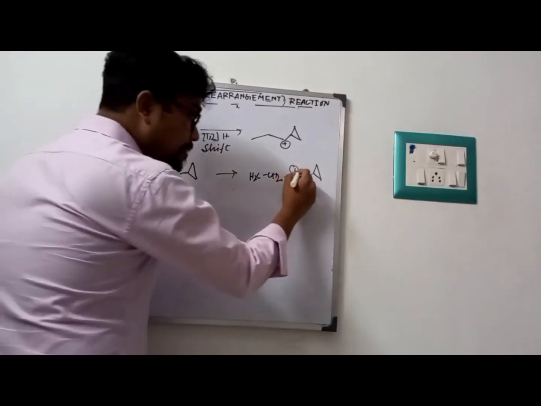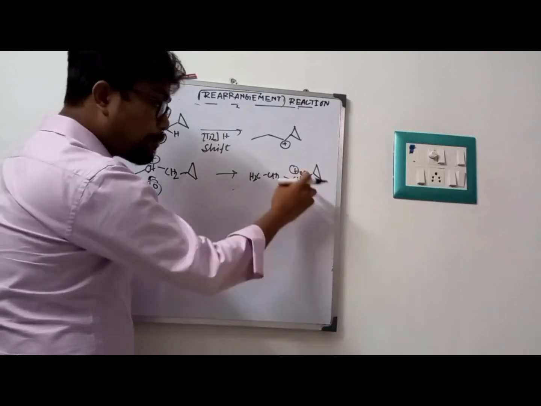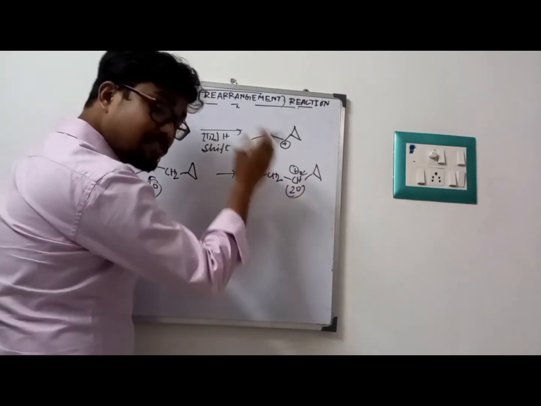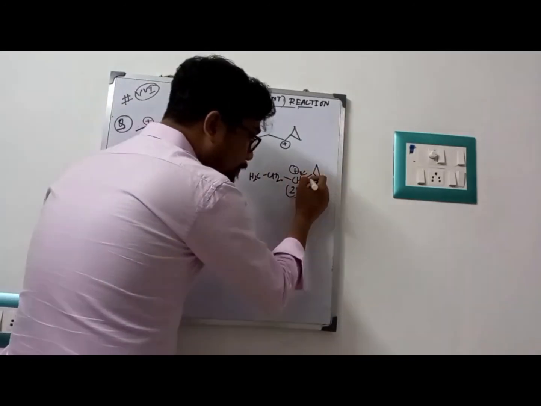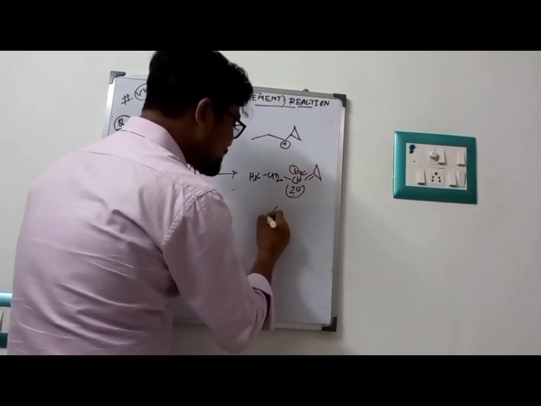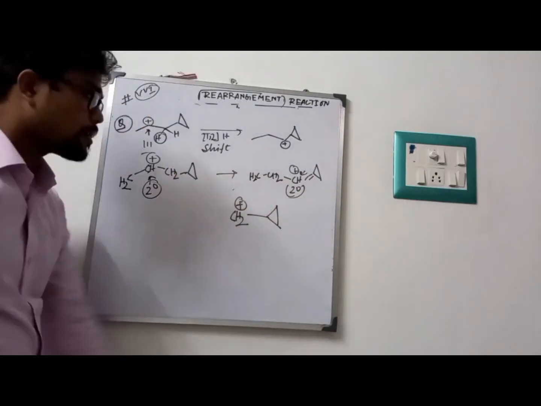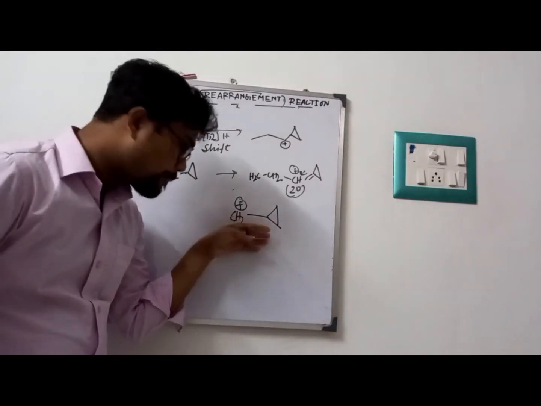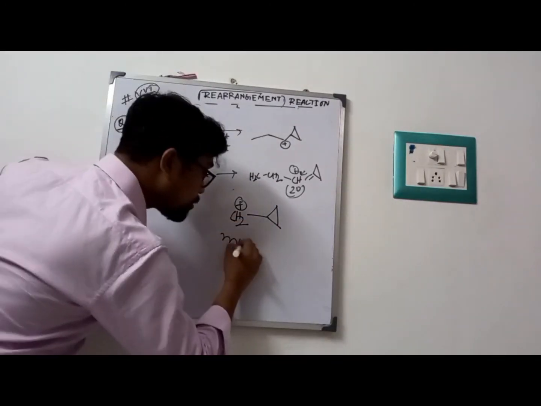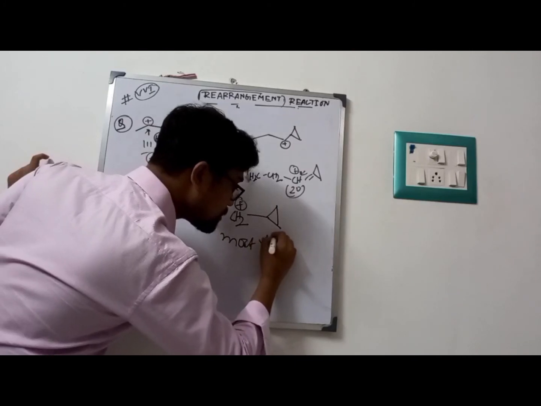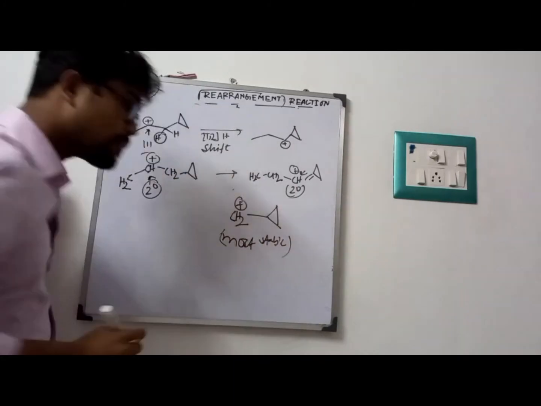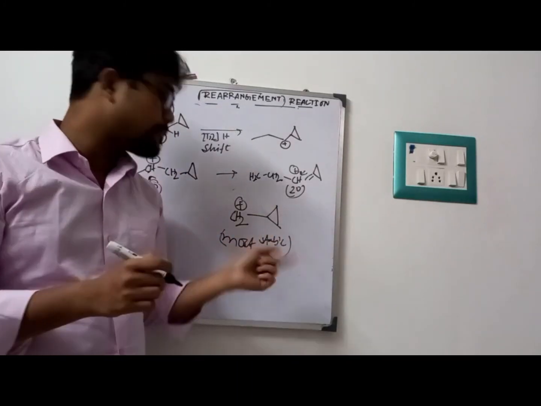If a carbocation is prepared in front of the cyclopropane ring, that means this carbocation is prepared, and this is the most stable carbocation. This is more stable than a benzylic carbocation.